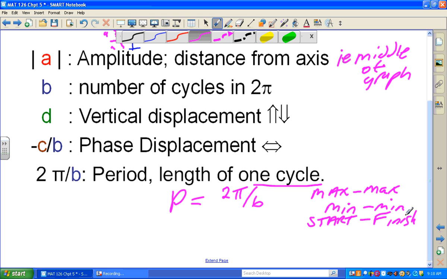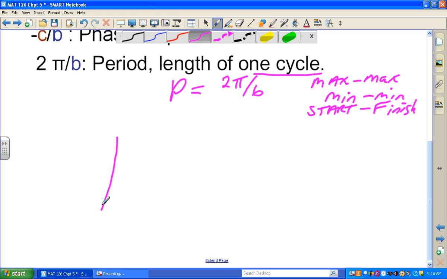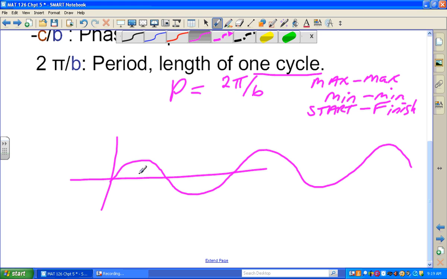How do you know one cycle? It's either maximum to maximum, minimum to minimum, or from start to finish. That is one cycle for sine. What do I mean by start to finish? If you graph out one cycle of sine, it goes on and on and on based on your calculator.